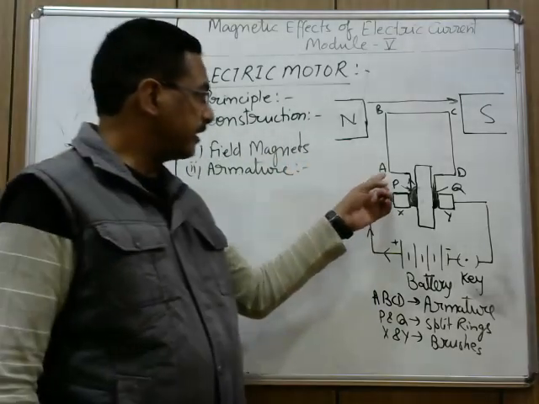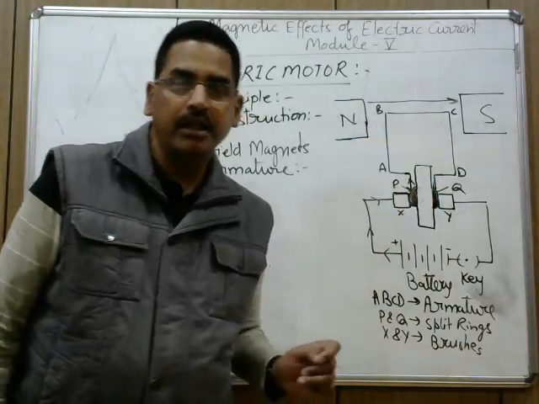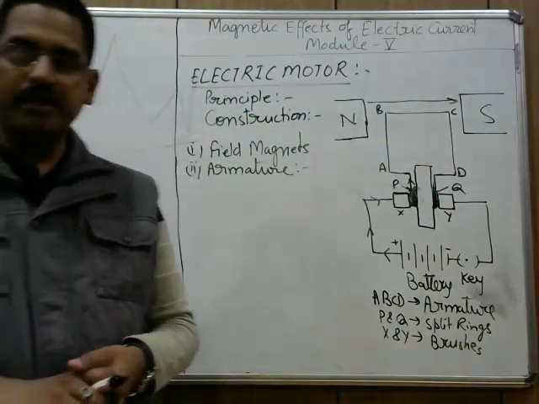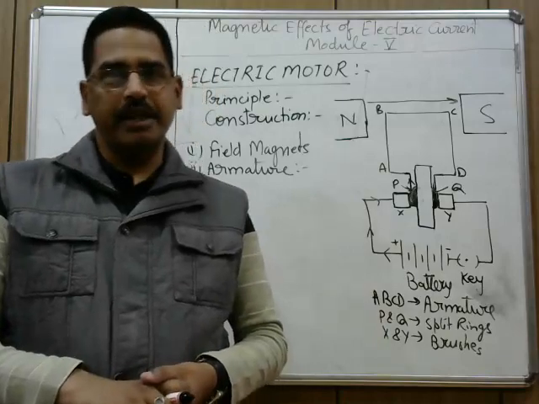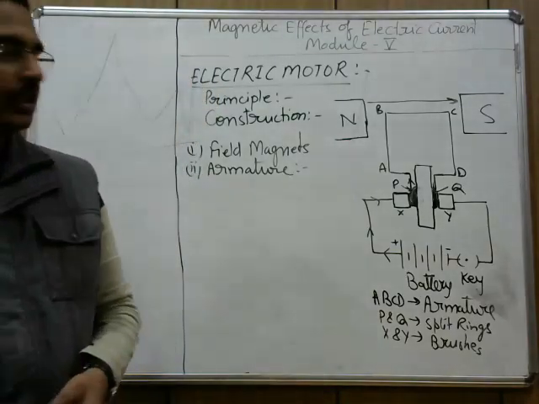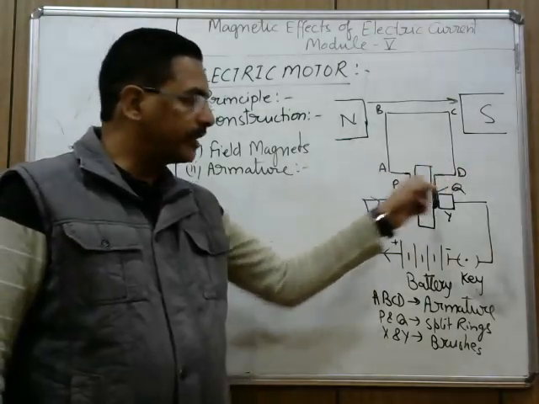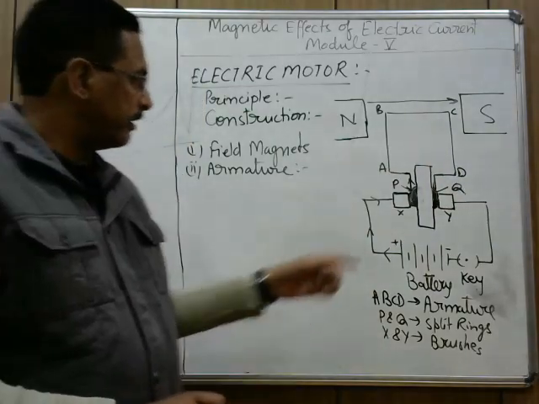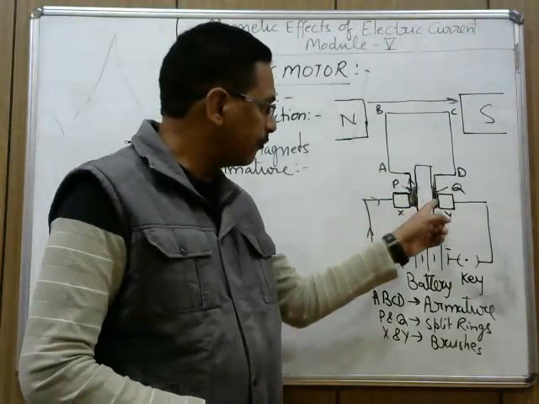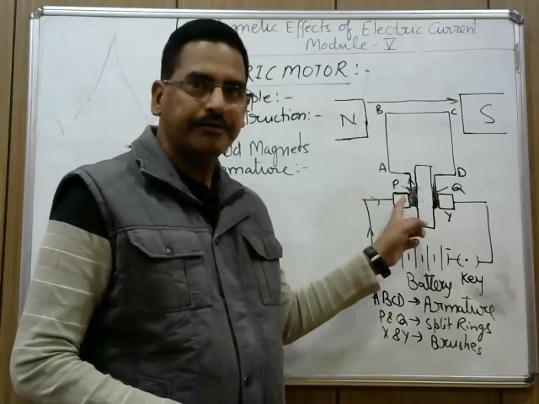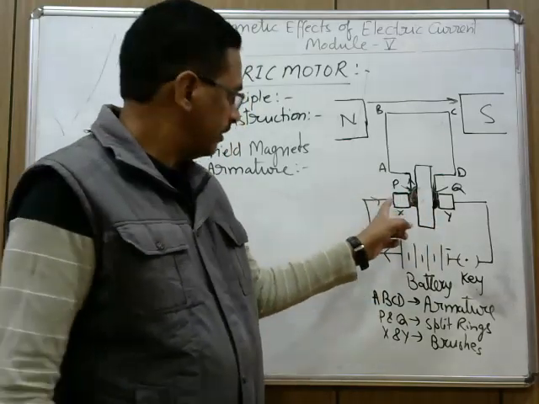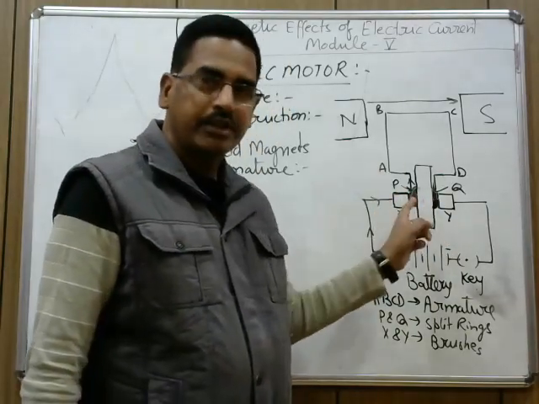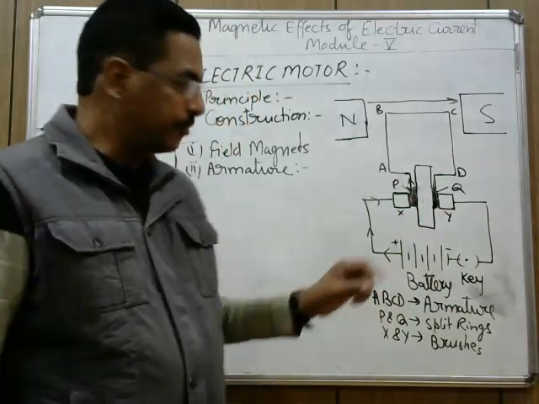Armature is a rectangular coil ABCD of insulated copper wire wound around a soft iron core. The ends of this rectangular coil are connected to the inner surface of two halves of a ring which is known as a split ring.